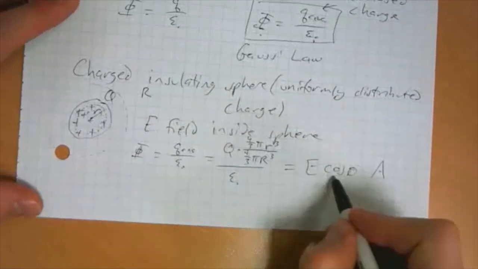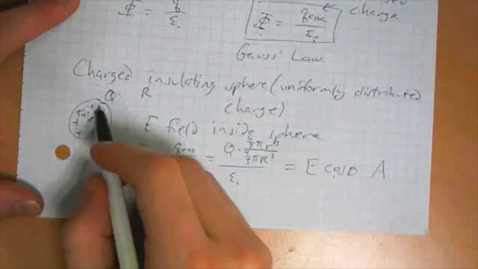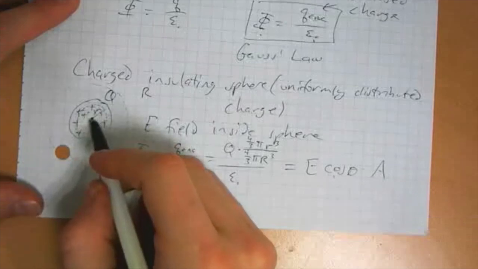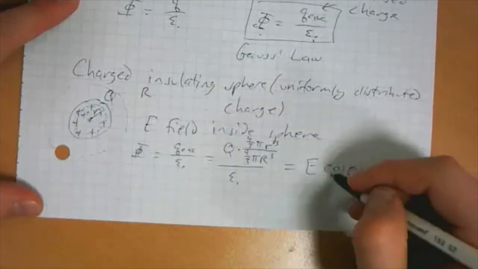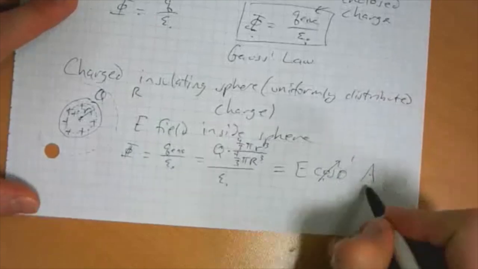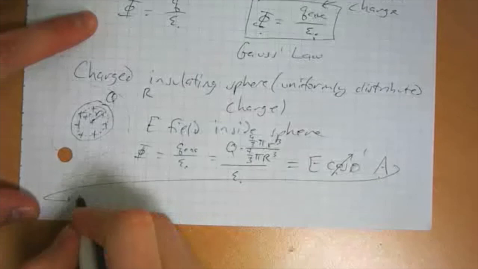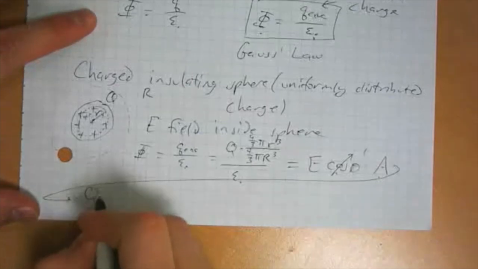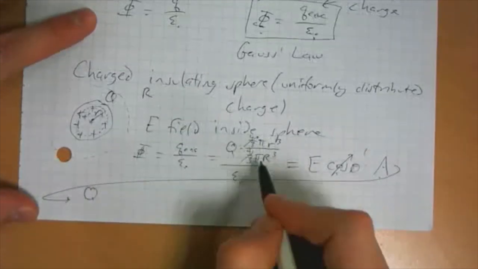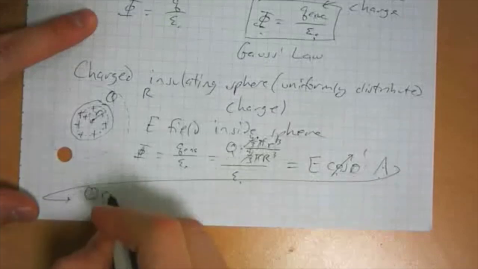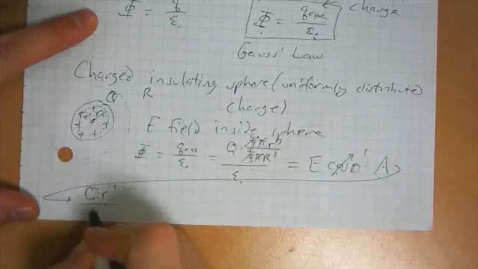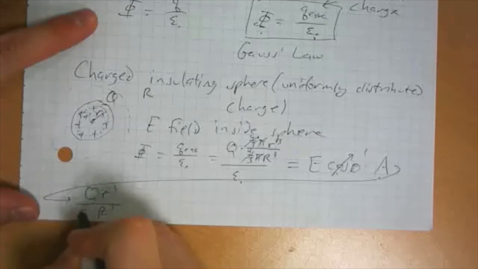Well, this electric field is going to be radially symmetric, which means that our cosine theta is cosine 0, which is 1. And this area is the surface area of our Gaussian sphere. So on the left side, we've got Q, 4/3, and the pi's cancel out. We've got little r cubed over big R cubed, and an epsilon naught on the bottom.